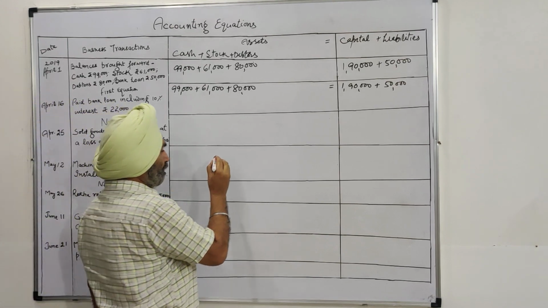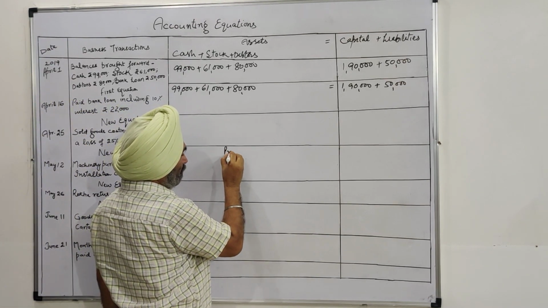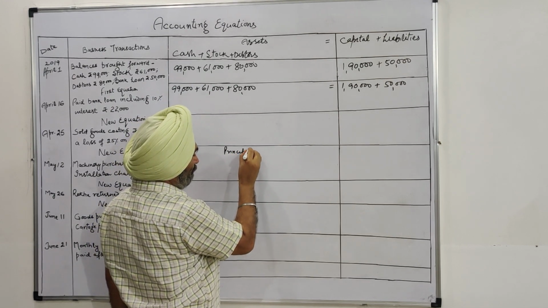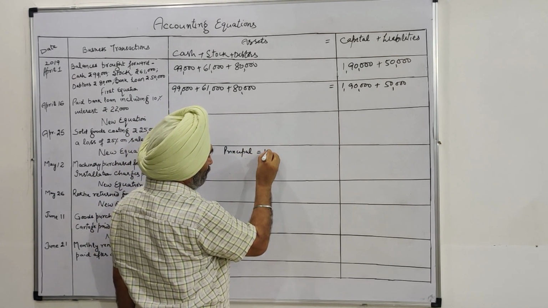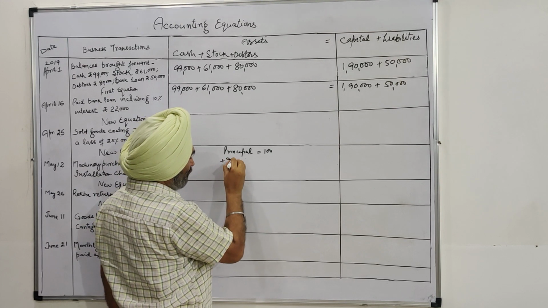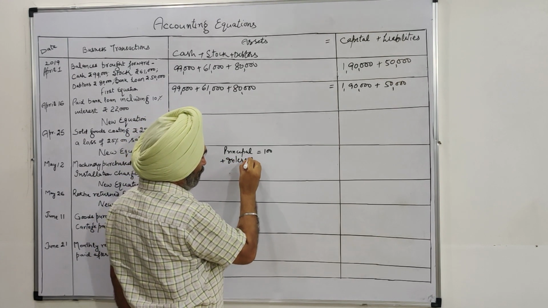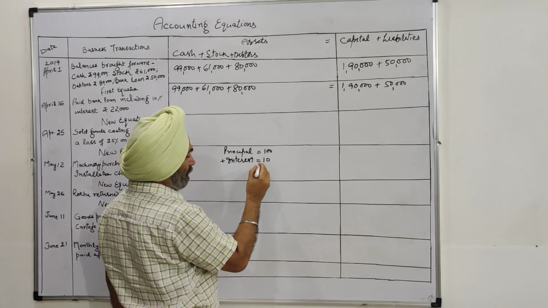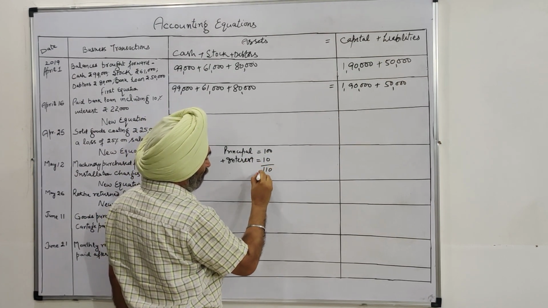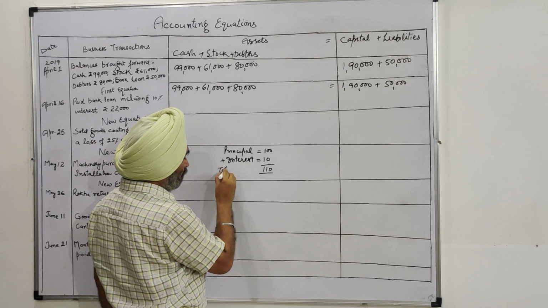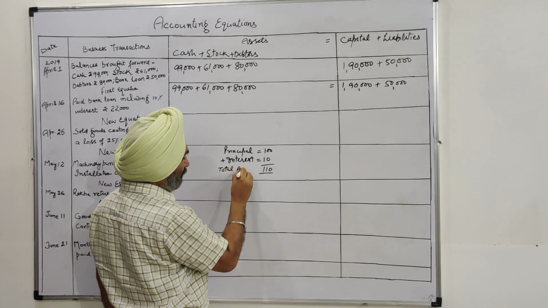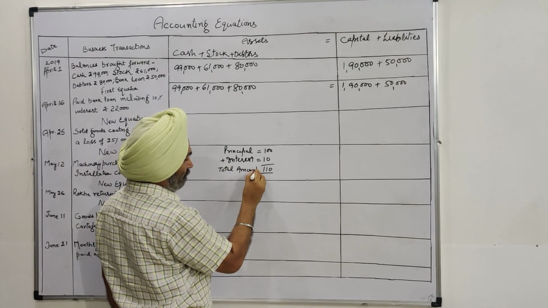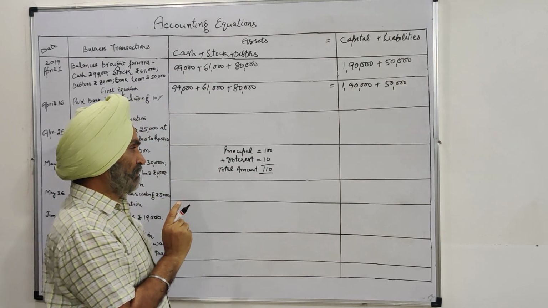For example, suppose the principal amount is 100. Interest is 10% of principal amount. That means we are paying the total amount 110 including interest.